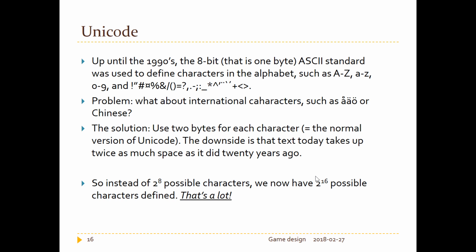So there are many spaces left, even though we have all the normal languages like English and Swedish and German or French and Chinese and Japanese and Korean, etc. And also some more spooky languages like Klingon or Elvish runes and so on. And there are still many characters left.